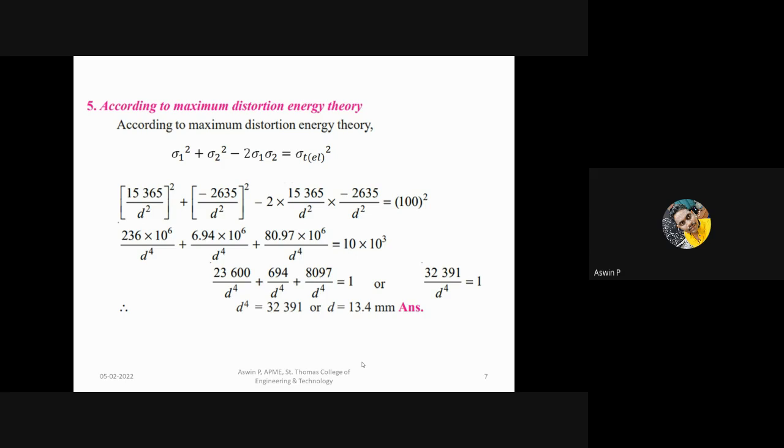You can either use that equation or this equation, and you need to find the diameter. Since sigma 1 and sigma 2 are known to us, it's better to use this equation for finding diameter. You can directly find the diameter.